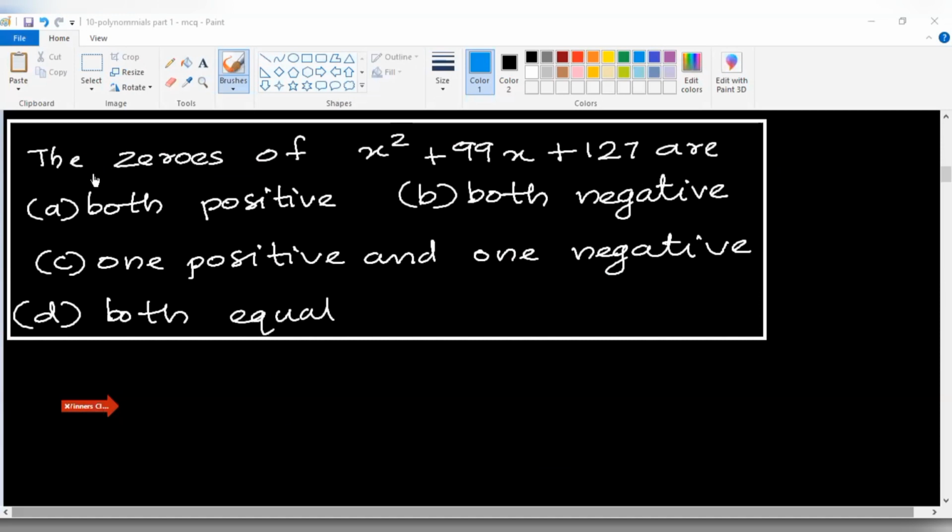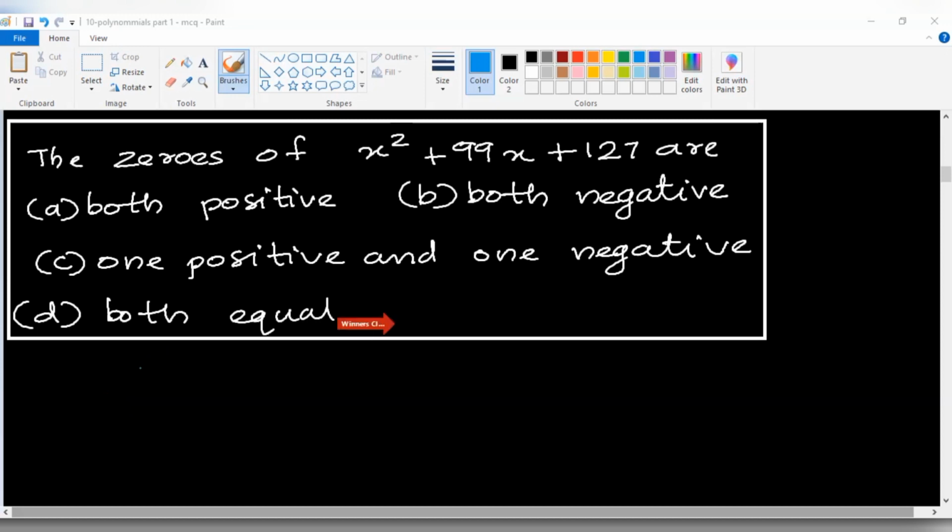This is the next question. The zeros of x square plus 99x plus 127 are both positive, both negative, one positive and one negative, or both equal. So without doing anything, we can find out the answer.